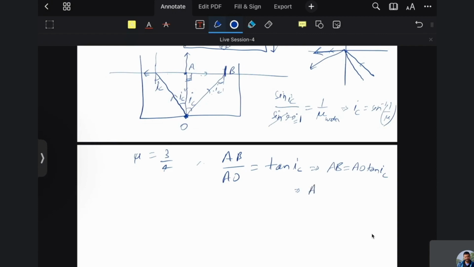So AO and tan IC is sin IC by cos IC. We have mentioned that sin IC is 1 by mu.